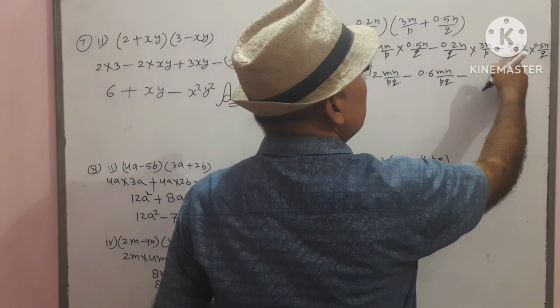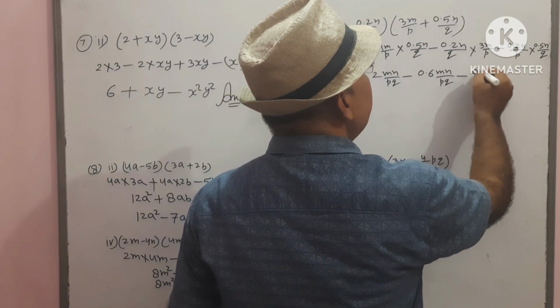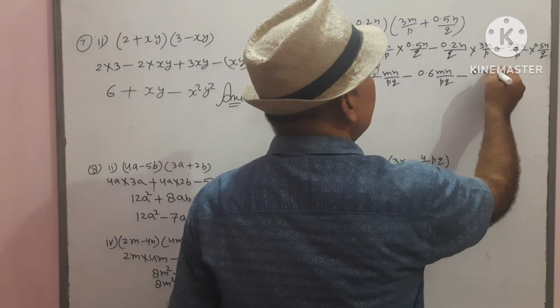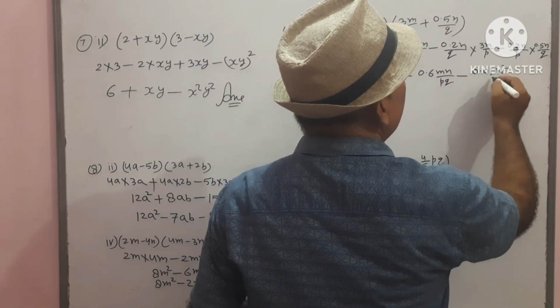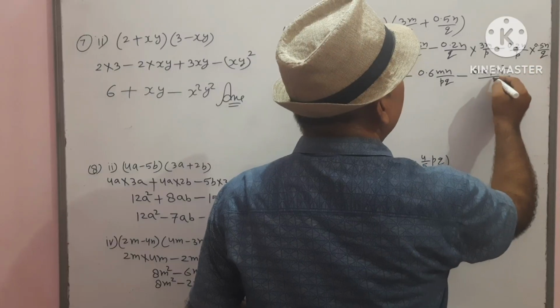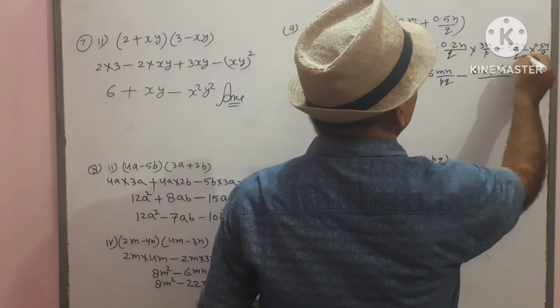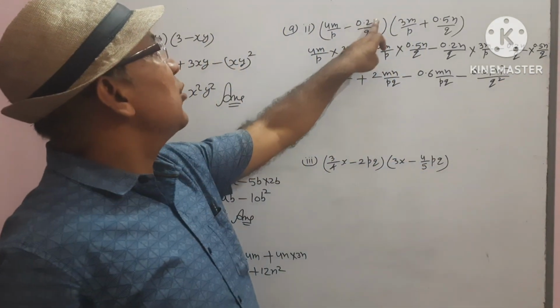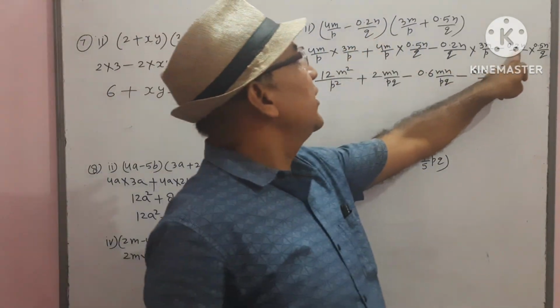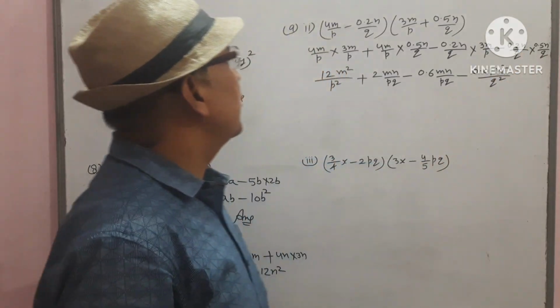Minus 0.2 into 0.5, when you multiply it, you will get 0.1, and then n into n, n square, and then q into q is q square. Because this is 0.2n upon q, so here also 0.2n upon q.